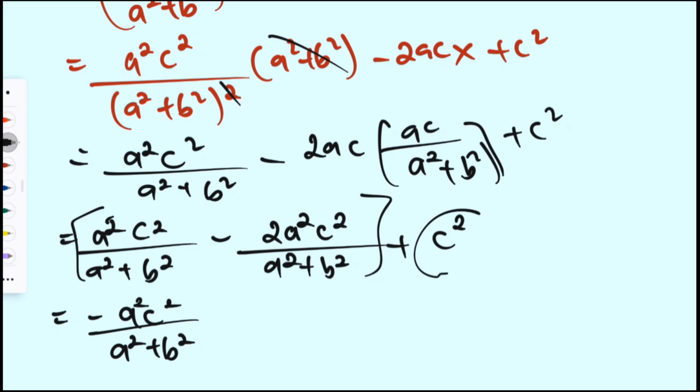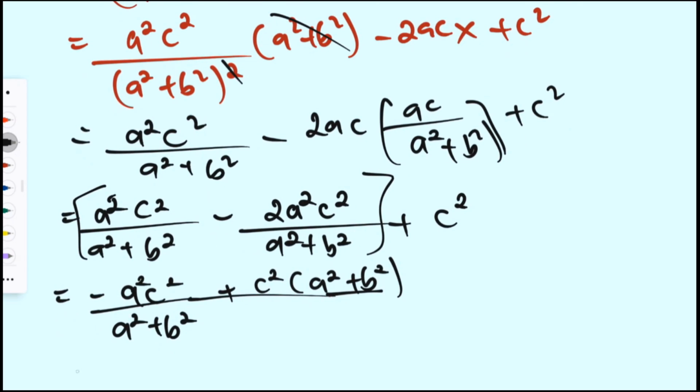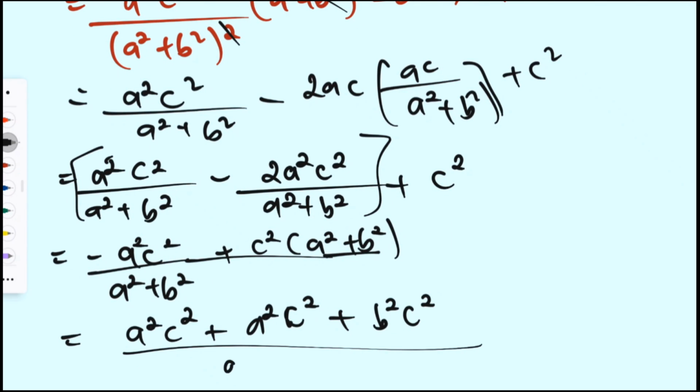I can just go ahead and find a common denominator with this one. So plus c squared times, sorry, a squared plus b squared. There you go. Expanding the brackets yet again. a squared c squared plus, according to alphabetical order, a squared c squared plus b squared c squared, all over a squared plus b squared.